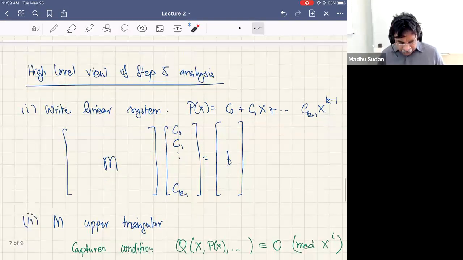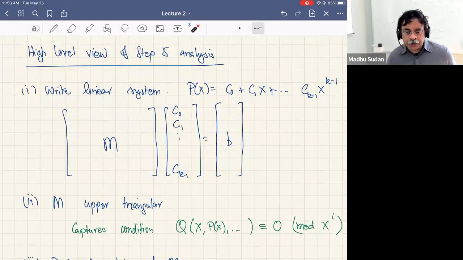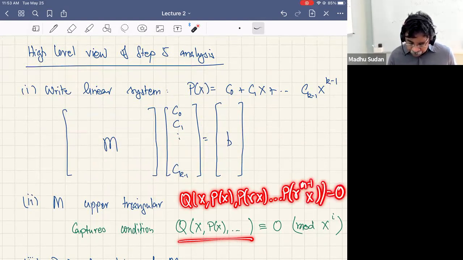Why does this matrix turn out to be upper triangular? It shouldn't be too much of a surprise. Let's just look at our condition. We want Q of X, P of X, P of gamma X, and so on to P of gamma to the M minus 1 X to be 0.